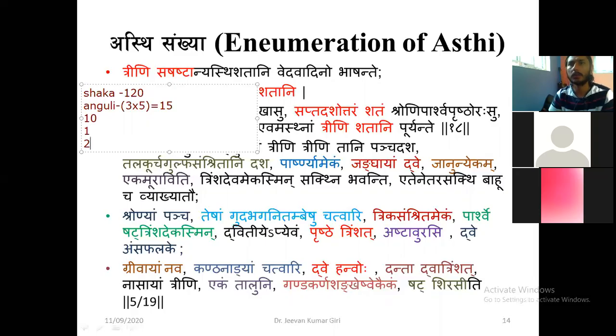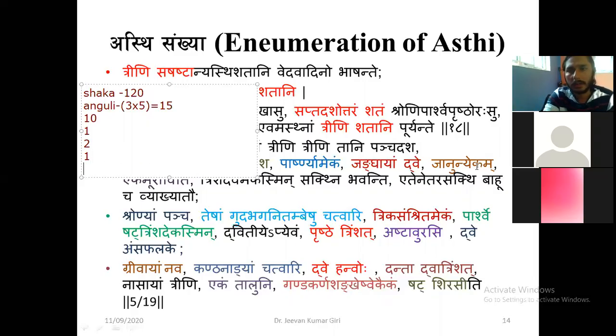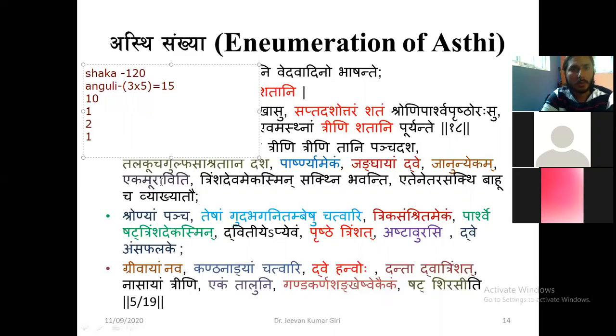We have already read the segment of the lower limb. Then Janunya Ekam. Janu is the knee region, so in the Janu region there is 1. Then Ekam Uravi iti. In the Uru, the thigh region, there is one bone. Ekam Uravi iti. Now see here.